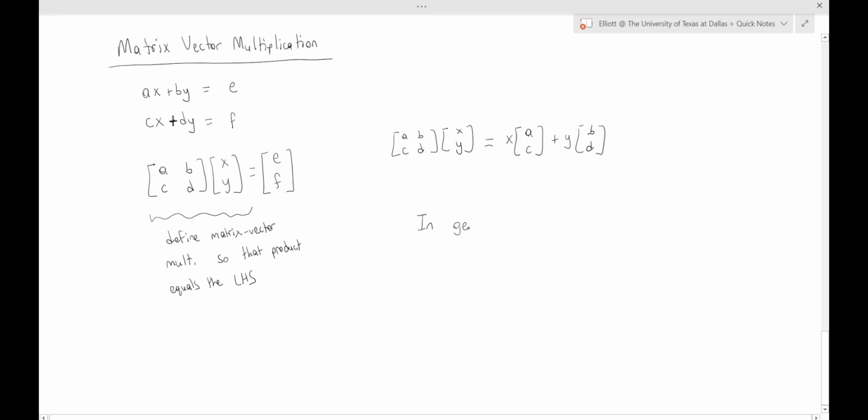So in general, if we have a matrix A whose first column I'm going to denote by A1, let's say the second column is A2, and let's say it has n columns altogether. Okay. And then let's say that I have a vector x with n components, x1, x2, xn.